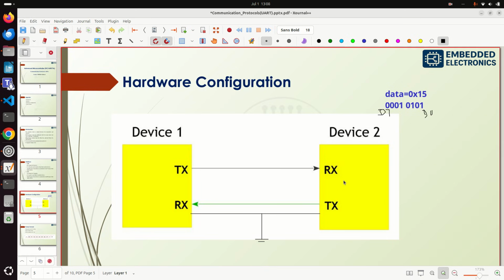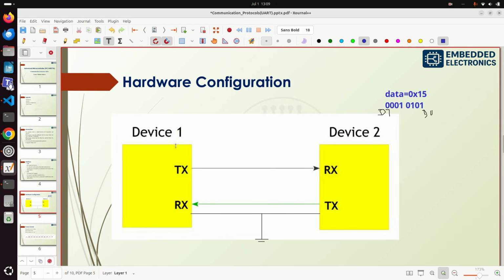So before starting communication, you have to get the attention of the receiver. For that purpose we have one first bit, which is the start bit.